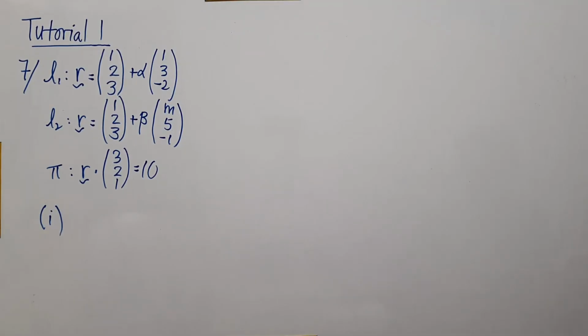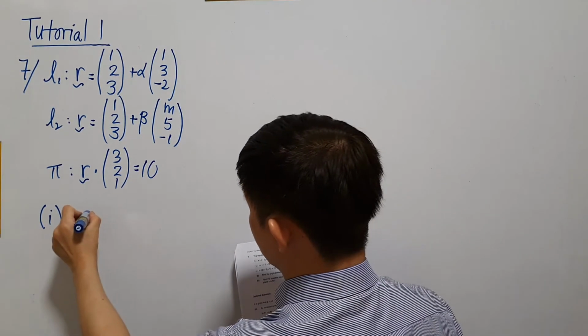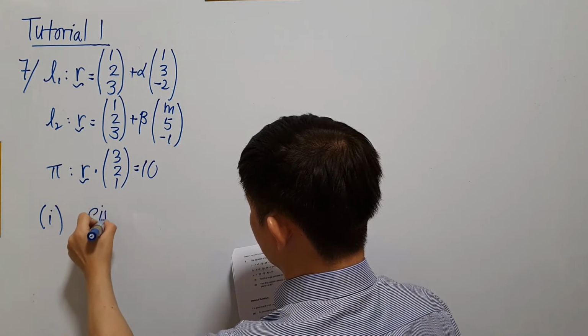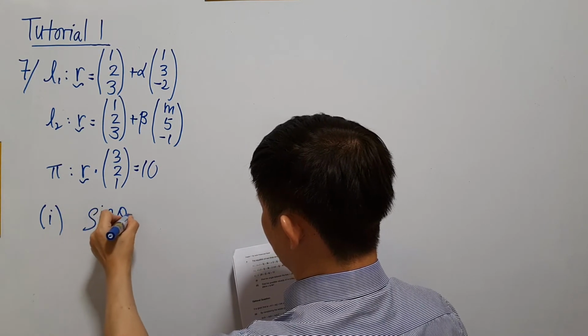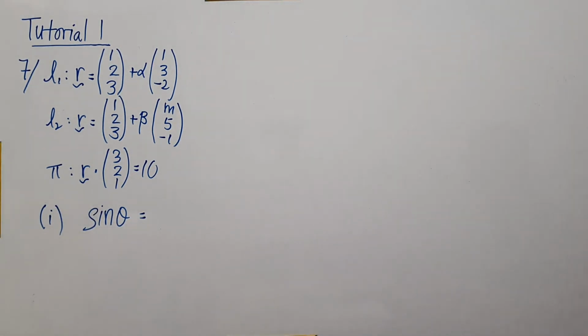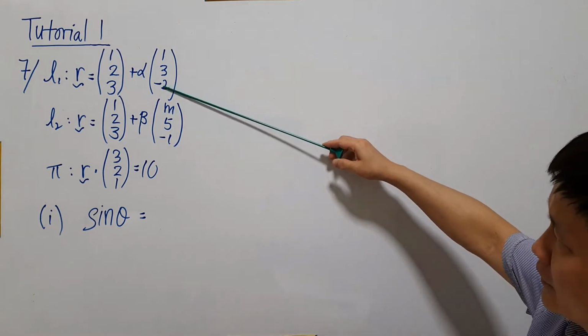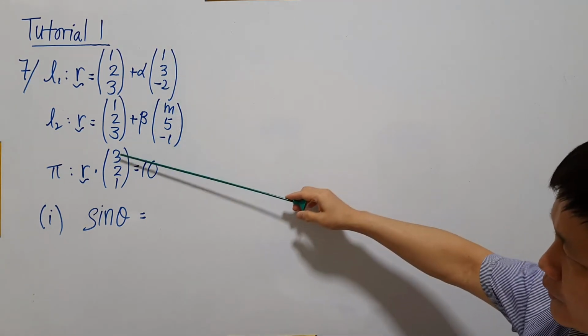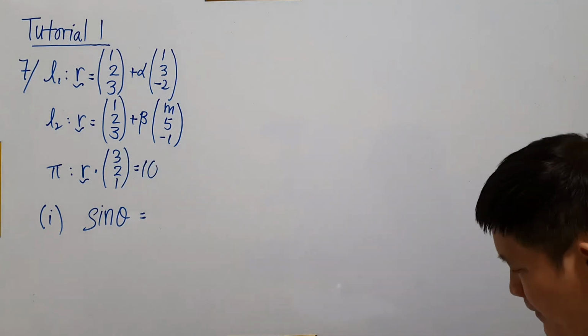In question number 7, you are given the equation of two lines and a plane, L1, L2, and then the plane pi. In 7 part 1, you are asked to find the angle between the line L1 and the plane. To find the angle between a line and a plane, I suggested in the lesson that you start off with sine theta equals the directional vector of the line worked together with the normal vector of the plane.